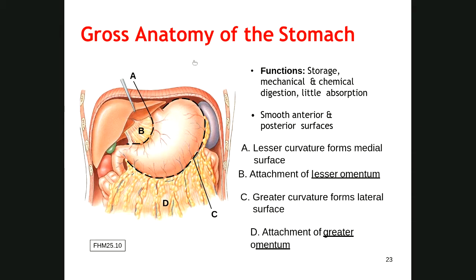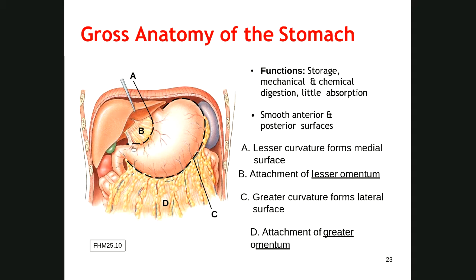In the stomach, the outer curvature is the greater curvature, while the lesser curvature is on the medial aspect. Attached to the medial aspect is this flap of connective tissue, the peritoneum, which is known as the omentum.